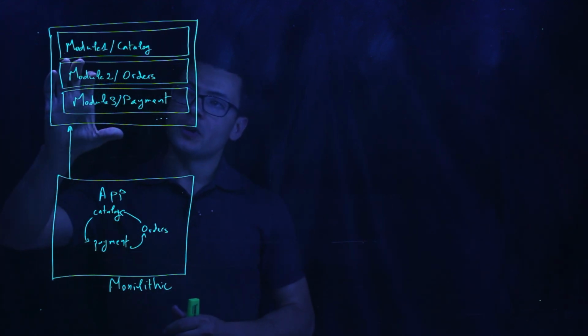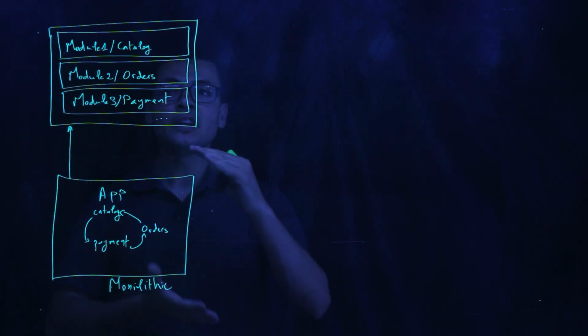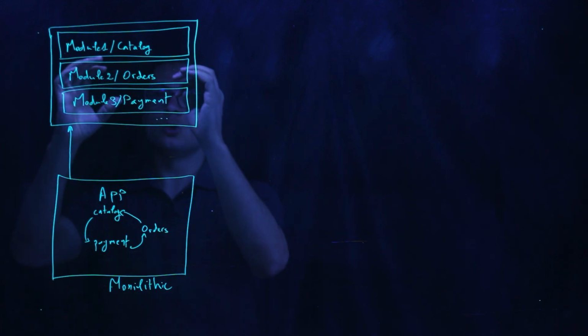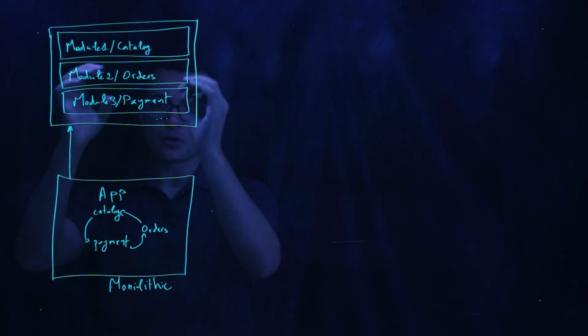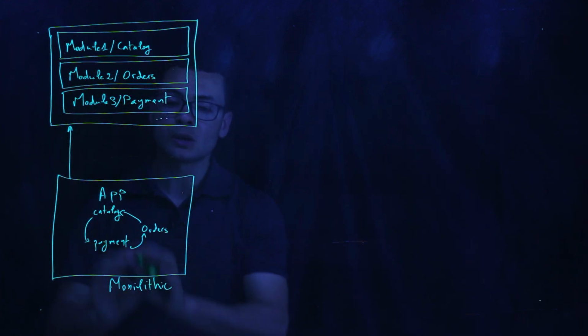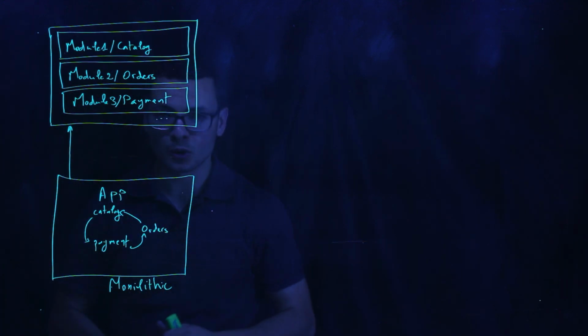So here what we have gained is a separation of the responsibilities. So we'll have a dedicated module for the catalog, another one for the orders, and so on, instead of having all of those modules implemented inside one single project.